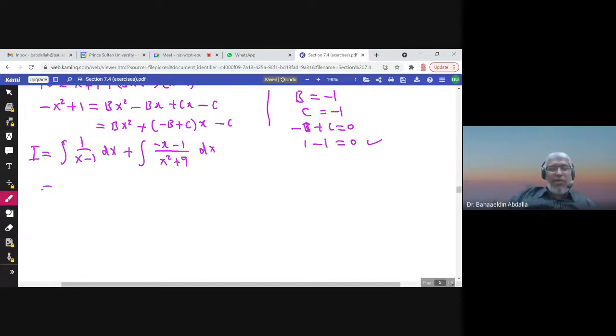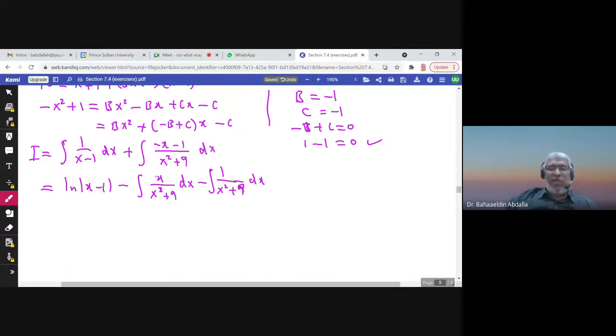And now this would be ln absolute value of x minus 1. And this integral, I will divide into two integrals. So it would be negative x over x squared plus 9 minus integral 1 over x squared plus 9 dx.